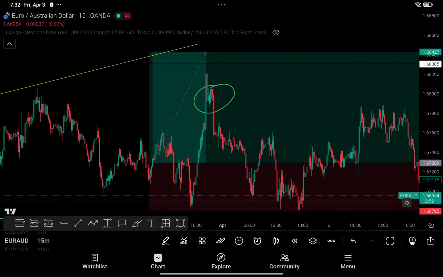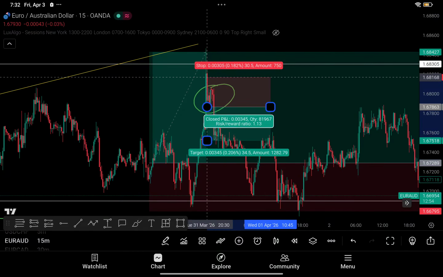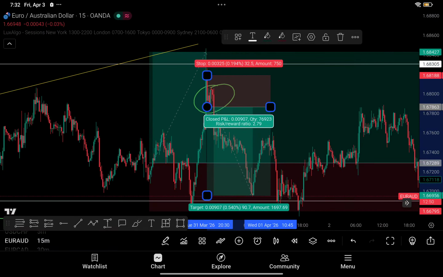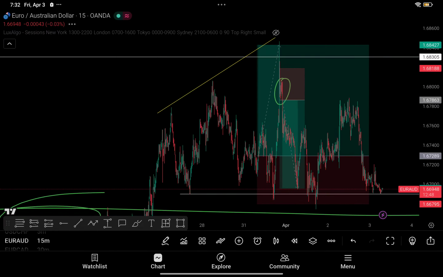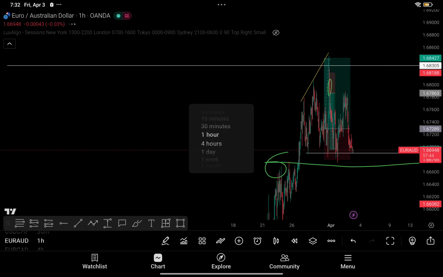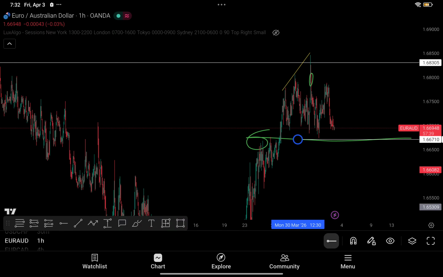I think I took it at around here also, after I closed it manually right here. And to the downside again, 2.5%. That's really cool.